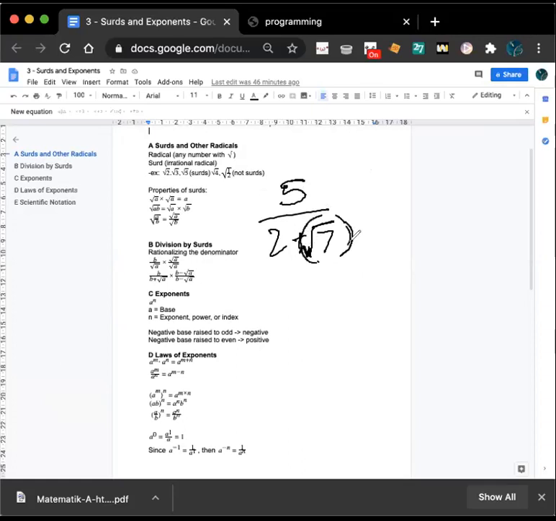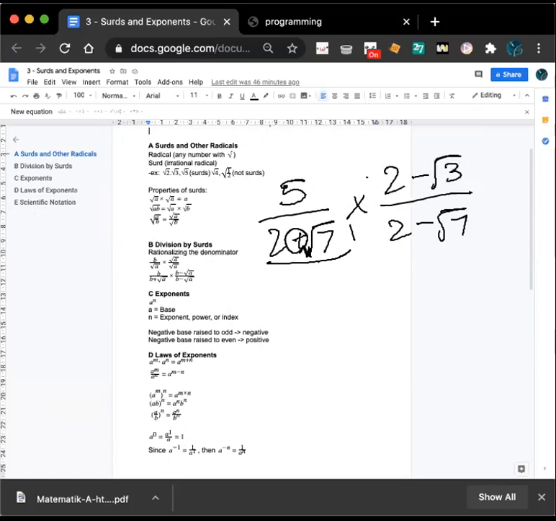This surd is hindering you because it's down here, not above. If you want to remove the surd, you can easily do it by multiplying by this same form, but this time with the opposite sign.